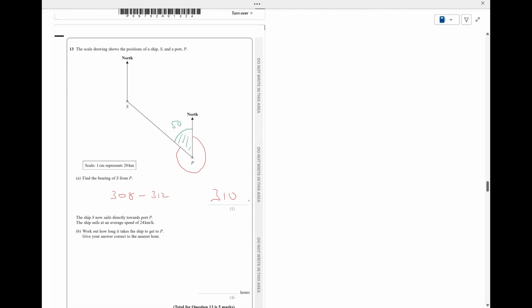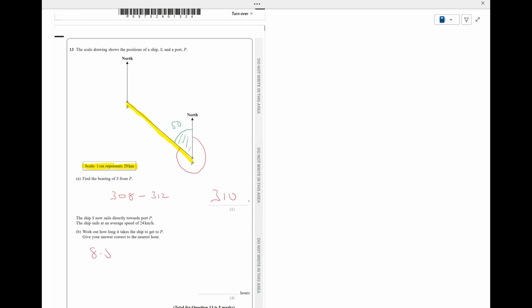A ship now sails directly towards port P. The ship sails at an average speed of 24 kilometers per hour. Work out how long it takes. Well, you need to work out the distance here, and they've got that scale. So if you measure that line, how long is that line? Let's have a look at the mark scheme. That line is 8.5.